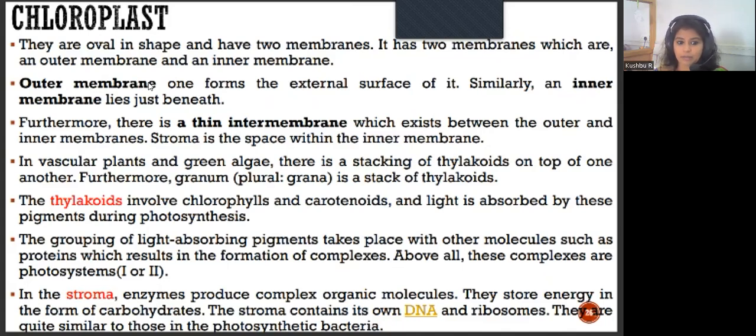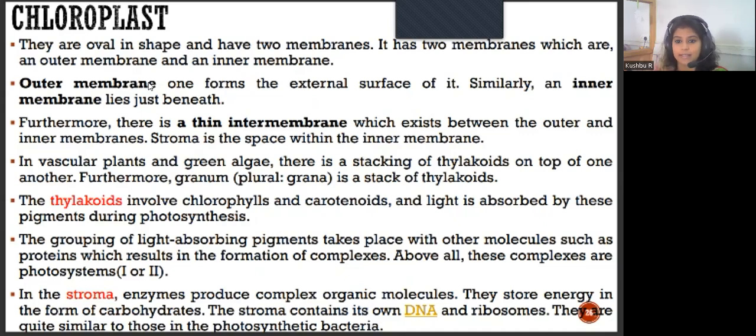In vascular plants and green algae, there is a stacking up of thylakoids. Thylakoids involve chlorophyll and carotenoids. Chlorophyll is the important pigment that the chloroplast contains.